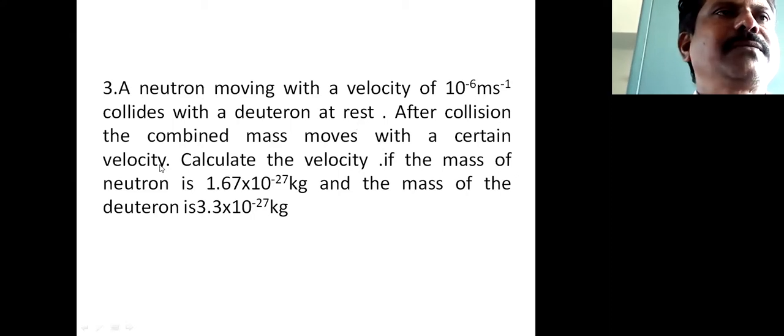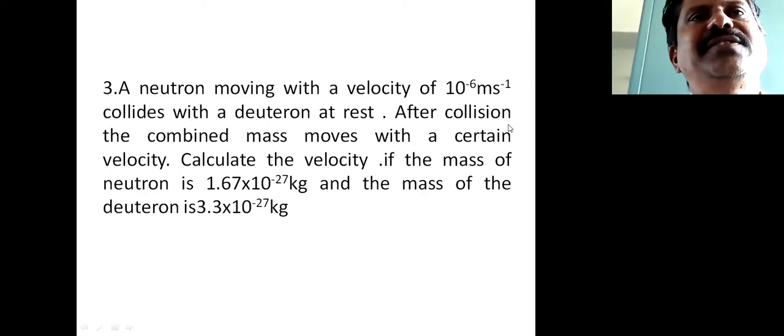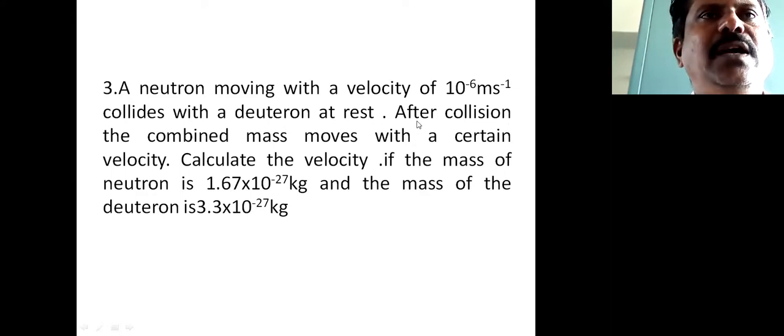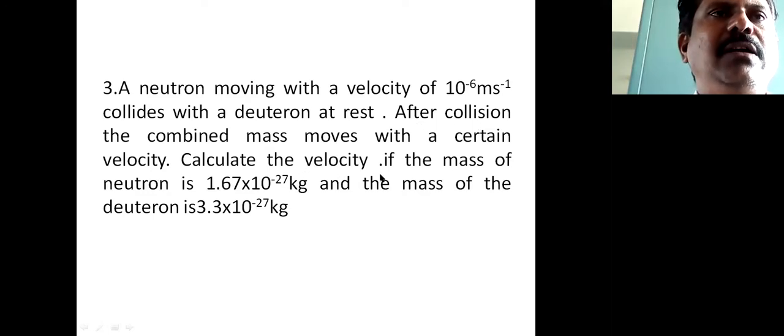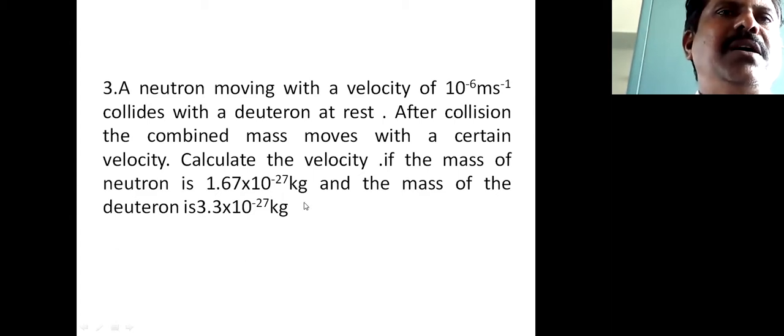After collision, the combined mass moves with a certain velocity. Calculate the velocity if the mass of the first neutron is 1.6 into 10 to the power minus 27 kg, and the mass of the second neutron is 3.3 into 10 to the power minus 27 kg.